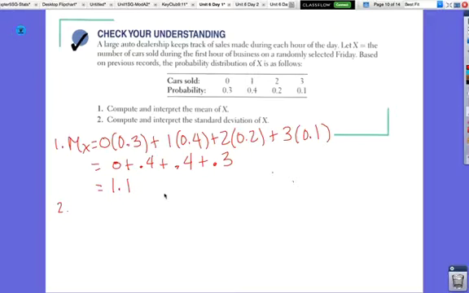Next, we need to calculate and interpret the standard deviation of x. So we first have to start by finding the variance of x. And so to do that, you would have to do your value minus your mean, squared, times your probability, and you would add all of those up.